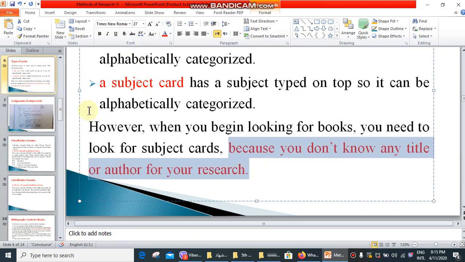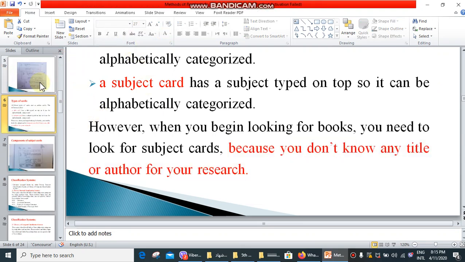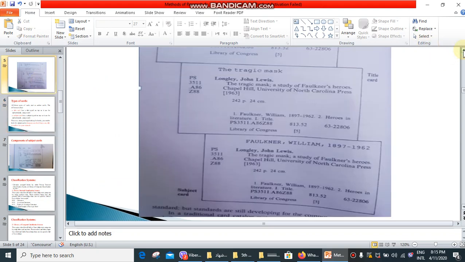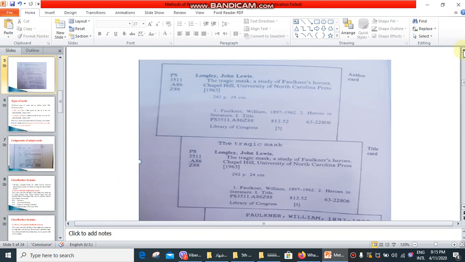Now let me go back to the previous slide. As you see here, in the author card, the author is located at the beginning of the card. In the title card, the title of the book, The Tragic Mask, you see here, is mentioned after the author because this is an author card.